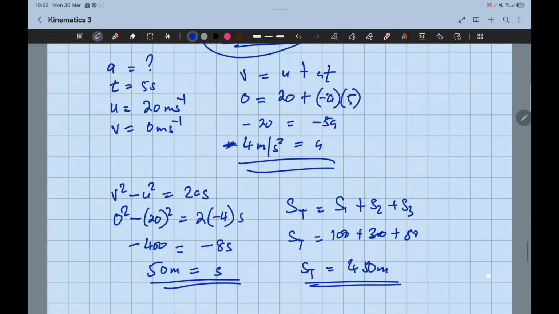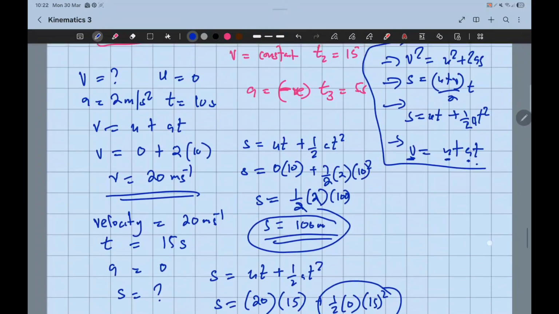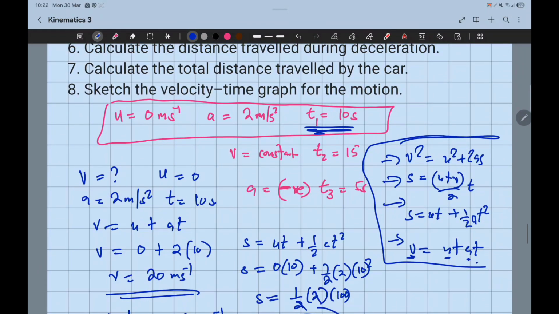Velocity time graph for the motion. Right, so phase number 1 is in 10 seconds, phase number 2 in 15, phase number 3 in 5. So 5 plus 15 is 20, plus 10 is 30.